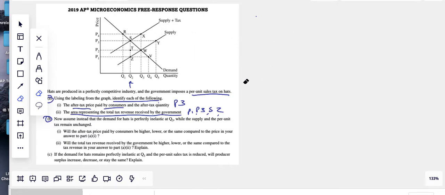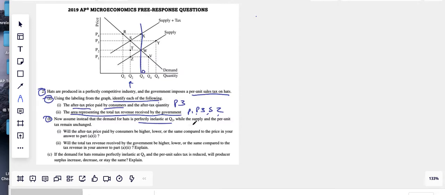And let's recognize that if suddenly the demand was perfectly inelastic, it would look like that. It'd be a straight up and down demand curve. Now assume instead the demand for hats is perfectly inelastic.